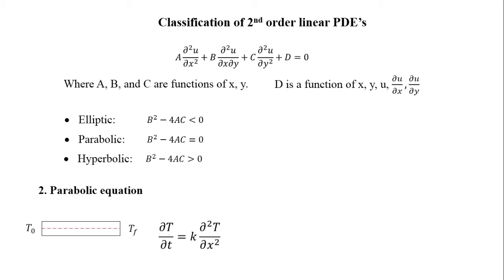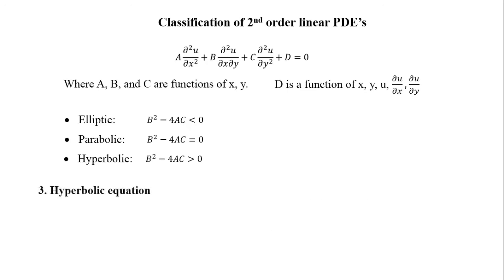If we compare this equation with the generalized form, we get A is equal to k, B is equal to 0, C equal to 0, and D is equal to minus 1. Substituting these values into b square minus 4ac gives 0 minus 4 times k into 0, which is equal to 0, and hence this equation is parabolic in nature.